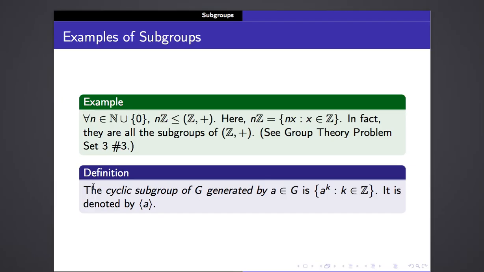A definition: the cyclic subgroup of G generated by an element A in G is the set of A to the power K, such that K is in Z. All right, so it is denoted by this notation here.